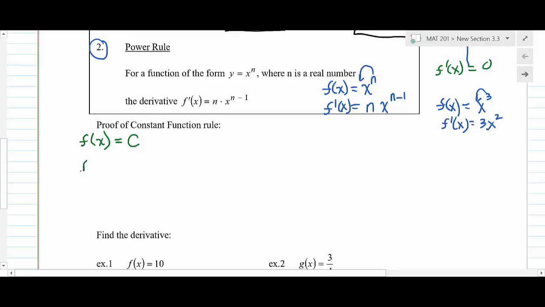So f prime of x would go like this. We would do the limit as h goes to 0 of f of x plus h minus f of x over h. So that's how we need to start that, and then we just need to work it out. And it turns out that it's real easy. The proof on this is super easy, actually.